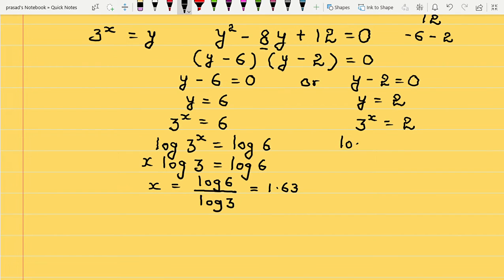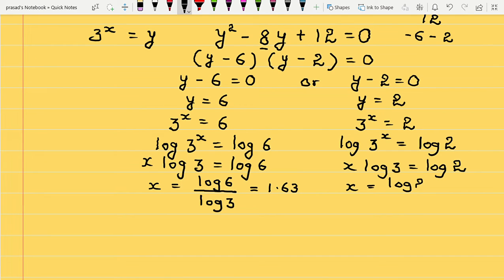So log 3 to power x is equal to log 2, which gives x log 3 is equal to log 2, or x is equal to log 2 divided by log 3, which is 0.631 from the calculator.